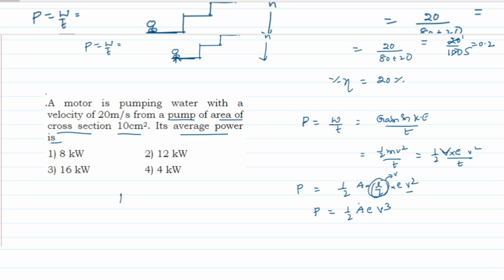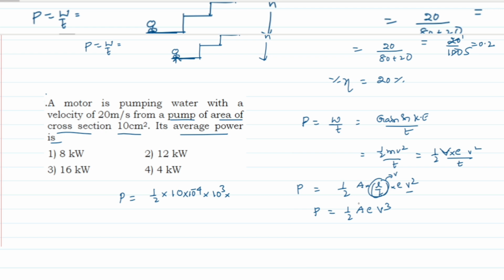Now just simplify these values. P equals half into area of cross section, given as 10 centimeter square. This is 10 centimeter square, which you have to convert into meter: 10 power minus 4 meter square, into the density of water, 10 power 3 kg per meter cube, and its velocity is given as 20 meter per second.